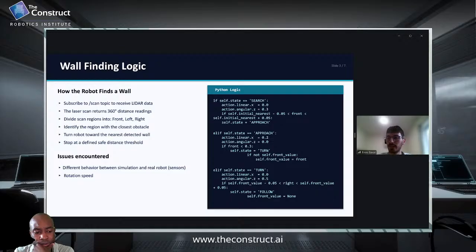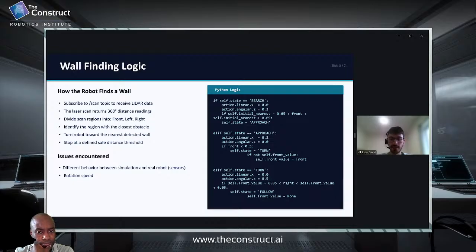Then the second step begins, which is approach. The robot is moving forwards until a certain safety closeness is reached, which is 30 centimeters.